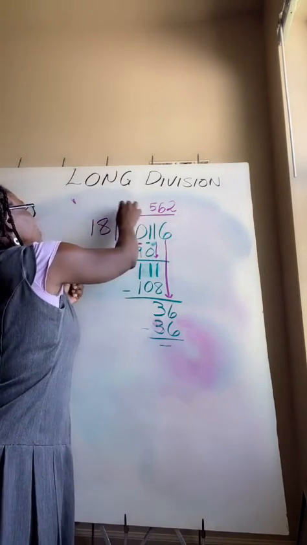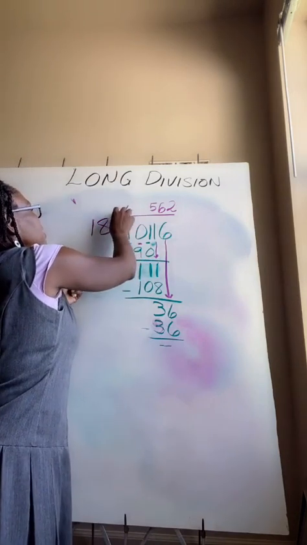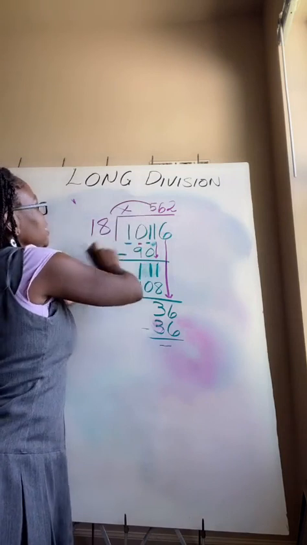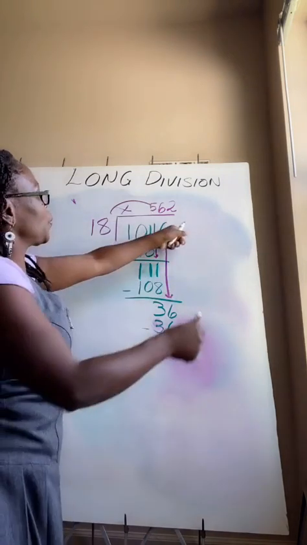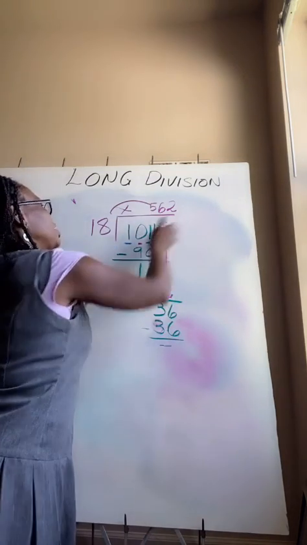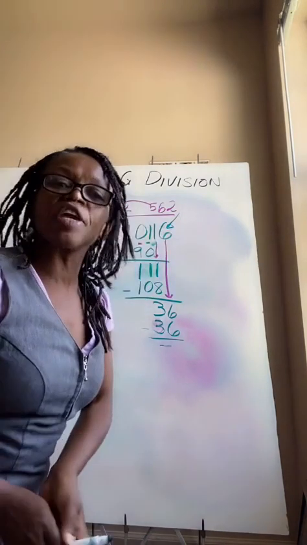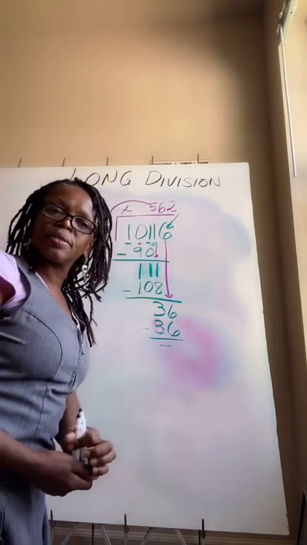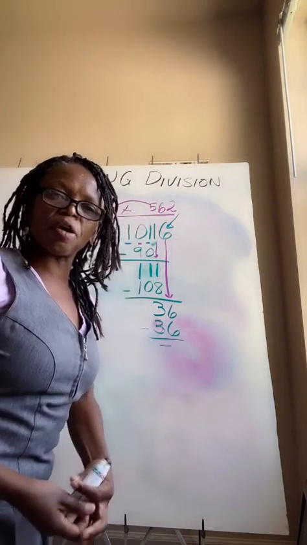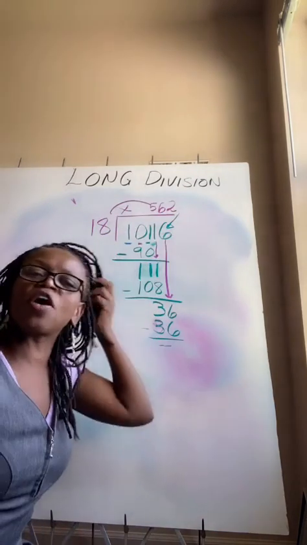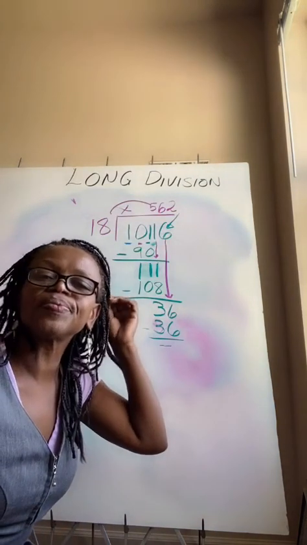Yes, we will multiply 18 times 562, and it should give us this number if we are correct. And if we are not, we start over.